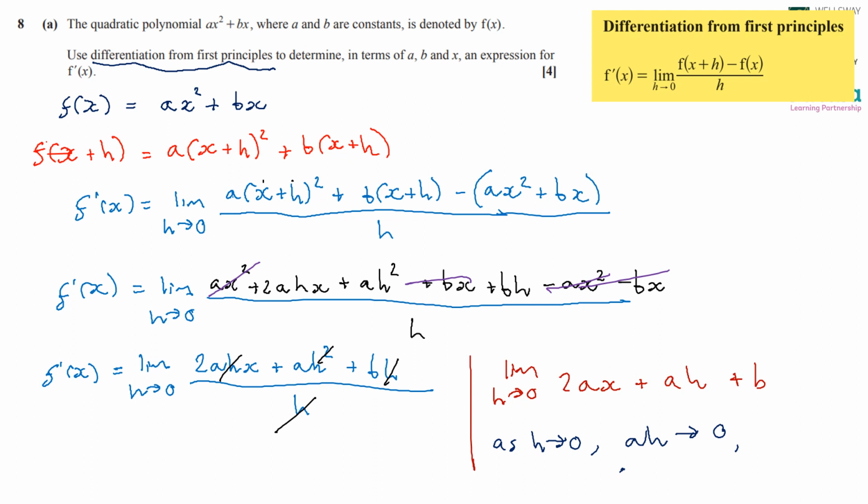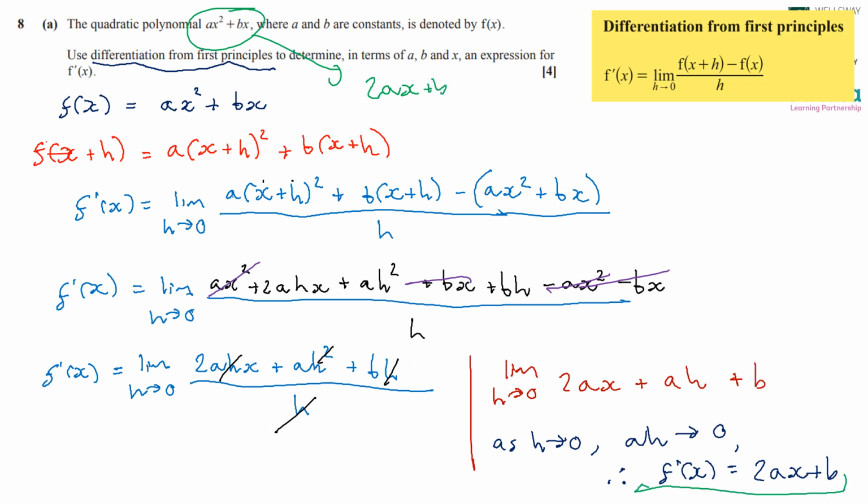Therefore, our derivative, f dash x, is going to be 2ax plus b. And that makes sense, right? If you go back to the original and think how would I differentiate that normally, you do get 2ax plus b, which is what you're expecting.